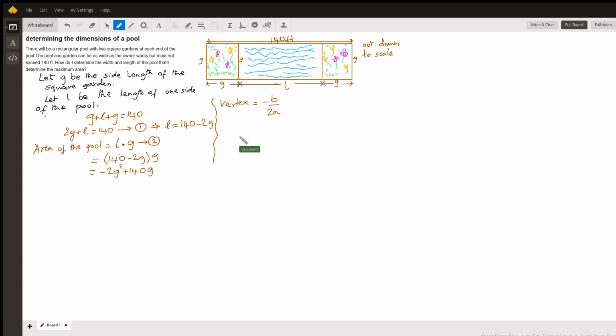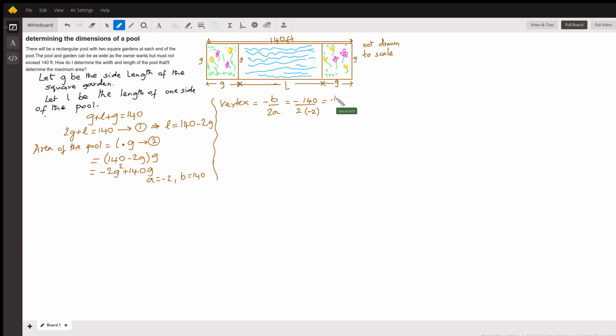A is the coefficient of the highest degree term, so that's negative 2. Let me write that here: A equals negative 2 and B equals 140. So this is what I'm substituting here.